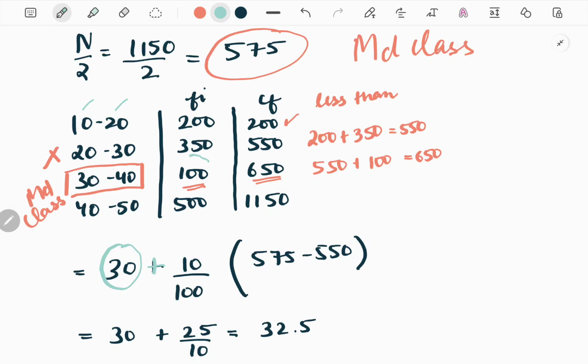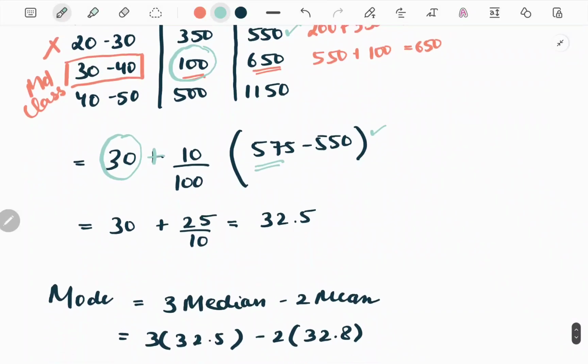The frequency of this class is 100, into the value that we calculated earlier, which was n by 2, minus the cumulative frequency of the previous class. In this case, our median class is 30 to 40 and the cumulative frequency of the previous class is 550. On solving further, we get the median to be equal to 32.5.